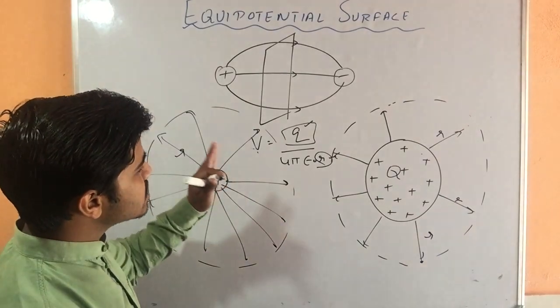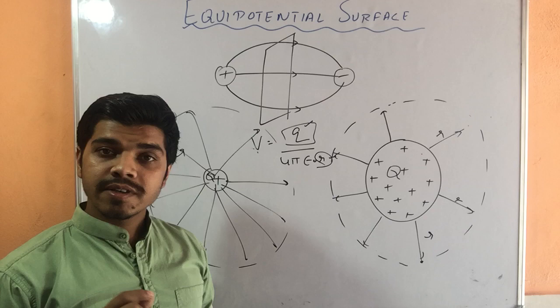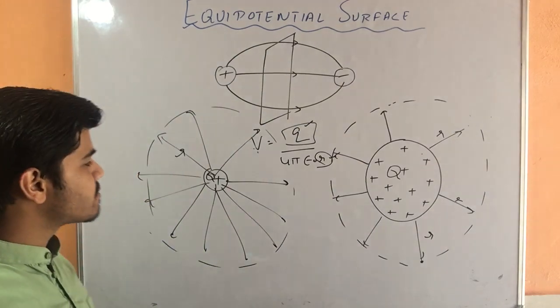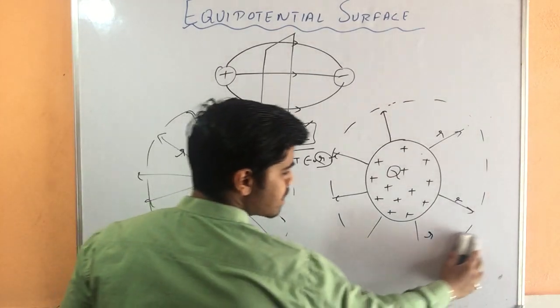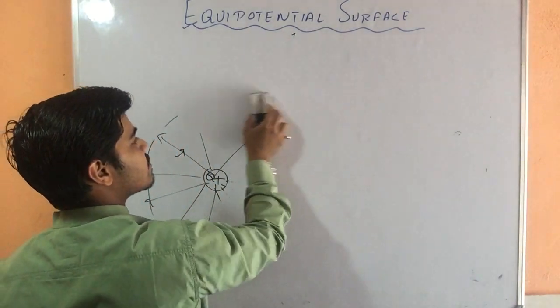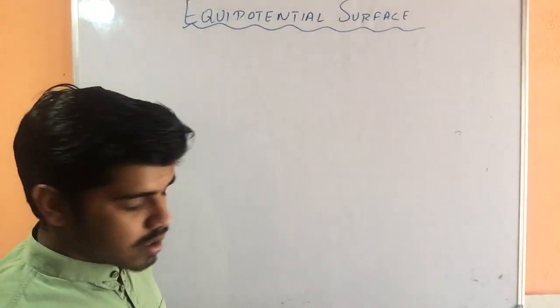This is a Gaussian surface or equipotential surface. Both surfaces have similar properties.